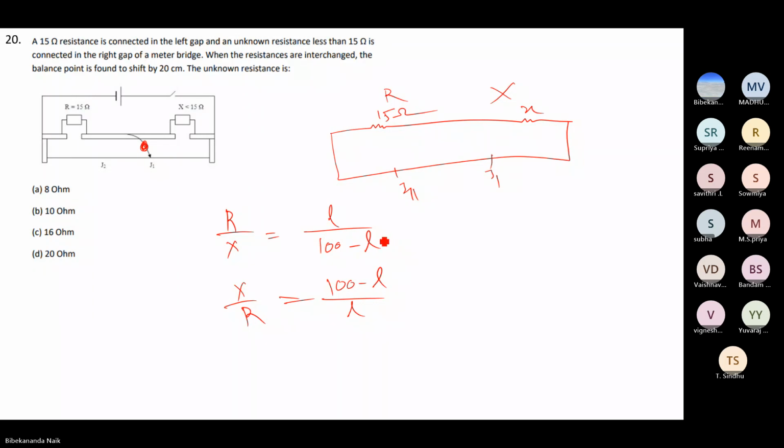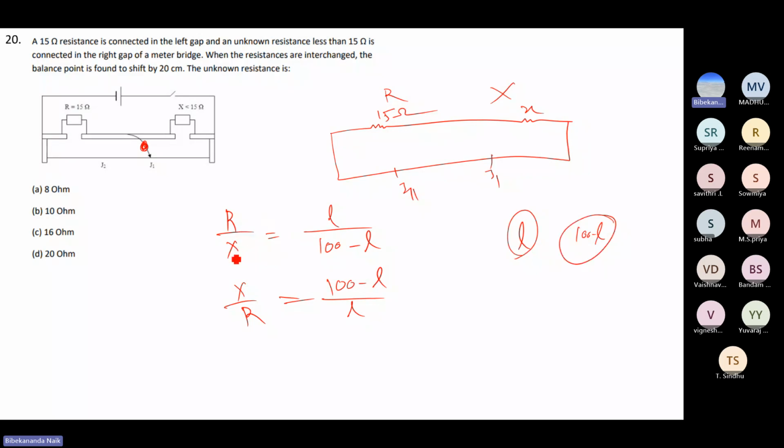It is given that when the resistances are interchanged, the balance point shifts by 20 centimeters. So the difference between L and 100 minus L is 20 centimeter, but which is large and which is small?